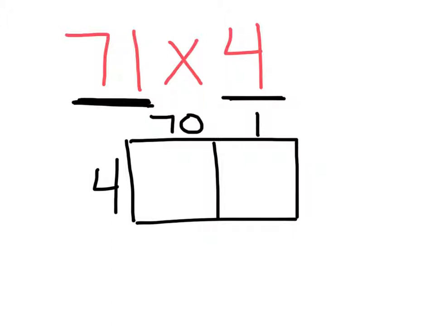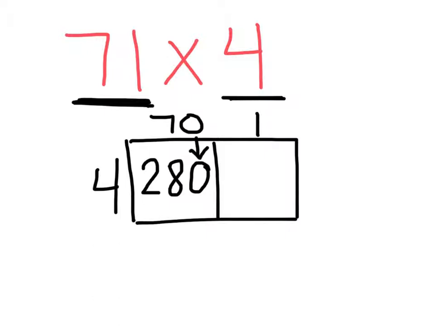Excellent. So now you're going to have to use your multiplication facts, and you should know that 4 times 7 is 28. If you don't know your multiplication facts, it'd be a great time to learn them. Use cards, use apps, whatever you've got to do to learn those facts. Now we're forgetting something, I hope that you've already recognized. 70 times 4 is not 28. You need to remember to bring down that 0 from your original problem.